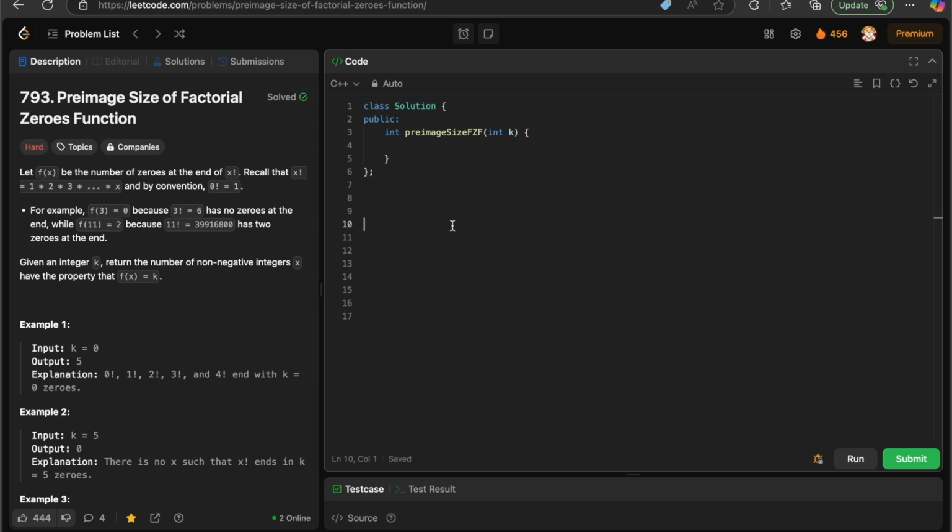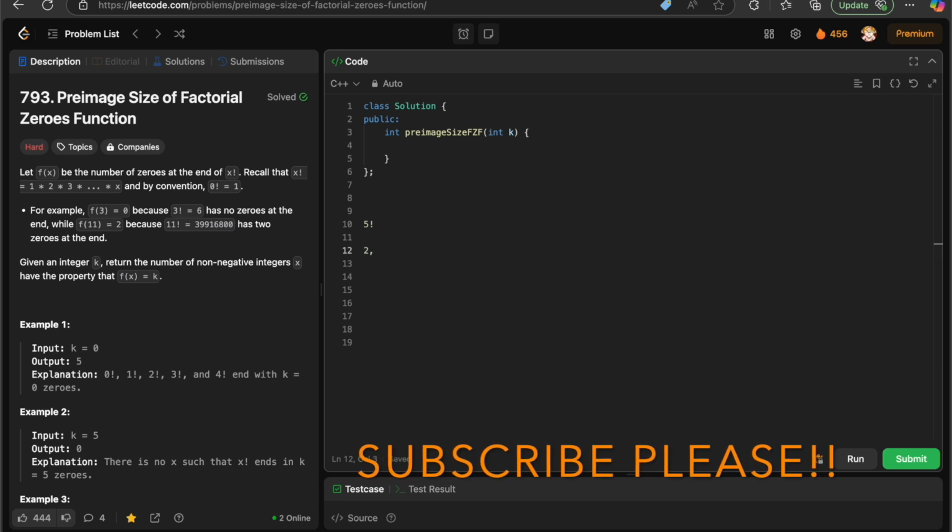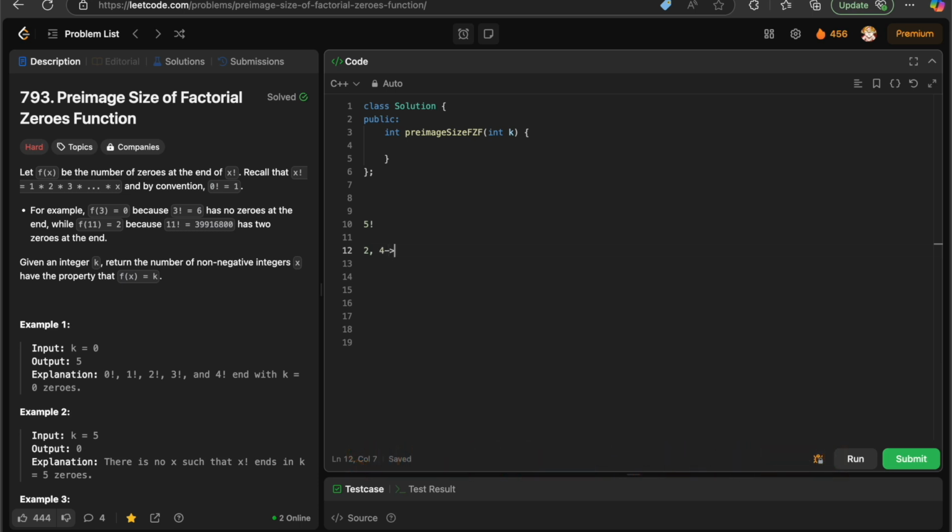For example, if we take numbers until 5 factorial, the total number of 2s will be 3 and the total number of 5s will be 1. So the total number of 2s will always be greater than or equal to the total number of 5s in x factorial.